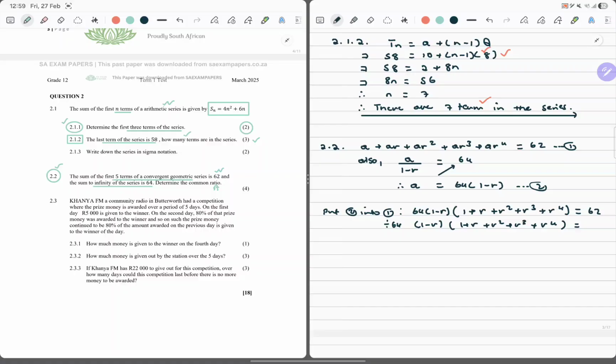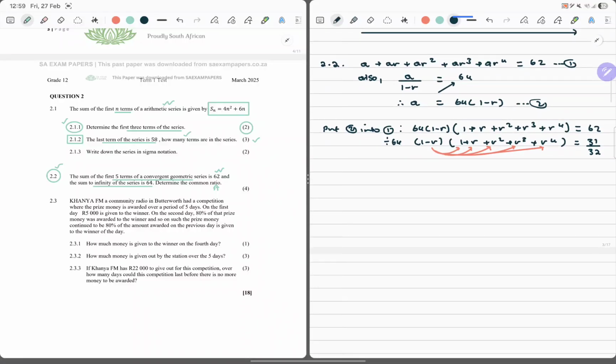That's going to be 31 over 32. Right? Now, what are we going to do, folks? We just FOIL it out, isn't it? There's nothing you can do. FOIL or you distribute. Don't be afraid of these things. Sometimes they will look scary, but you just do your thing. Don't panic. Do not panic, students. There's no benefit in being cowards.